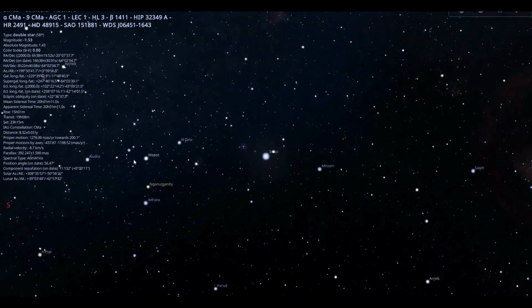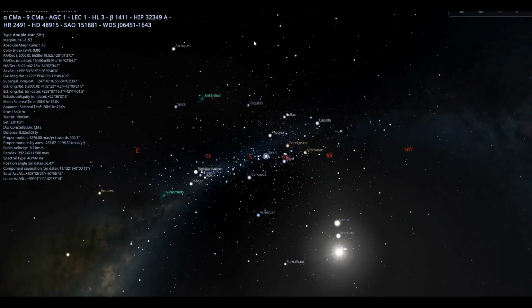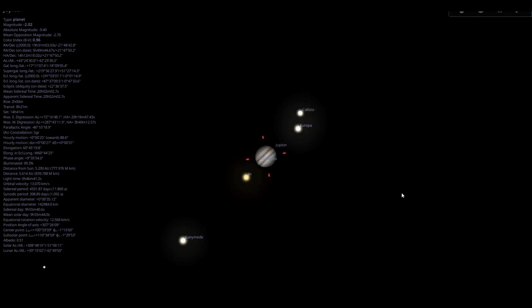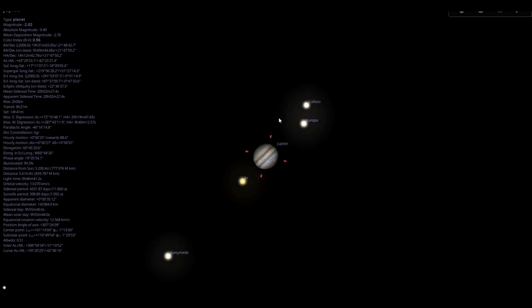So let's go back to where we were. And as I said, Jupiter also has a magnitude, about -2 in this year. It's something like, oh, not bad, but I guess this is in the 13,000s. This is how Jupiter was in the 13,000s. Yeah, actually, we're never going to reach that anyway.